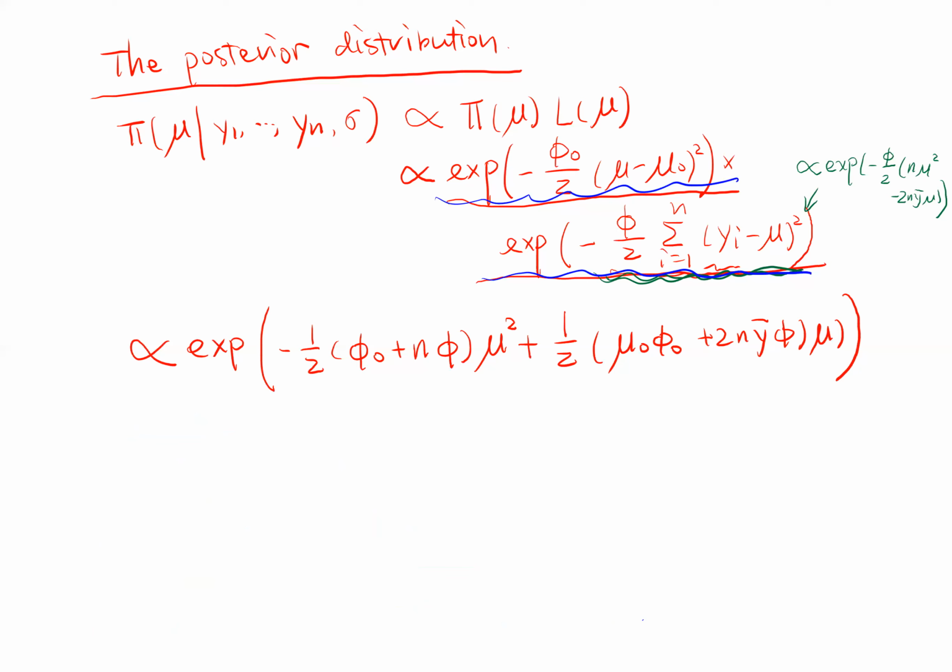In front of mu squared, it's negative 1 over 2 times phi0 plus n times phi. And in front of mu, it is 1 over 2 times mu0 phi0 plus 2 times n y bar times phi.